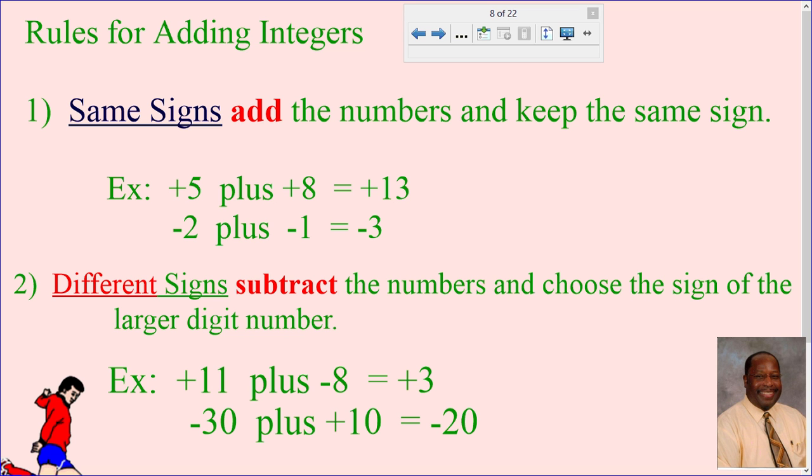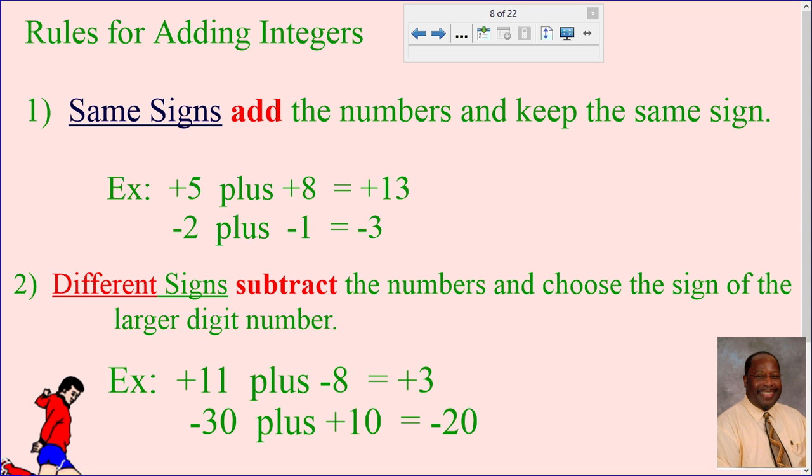Let's try another example. Negative 30 plus positive 10. Again, the signs are different. So since they are different, we subtract the numbers. 30 minus 10 is 20. And now we have to decide which sign to choose. Well, 30 is a bigger digit than 10.